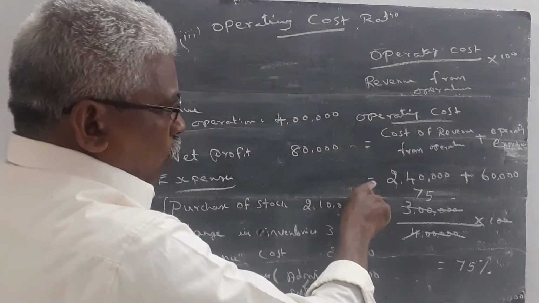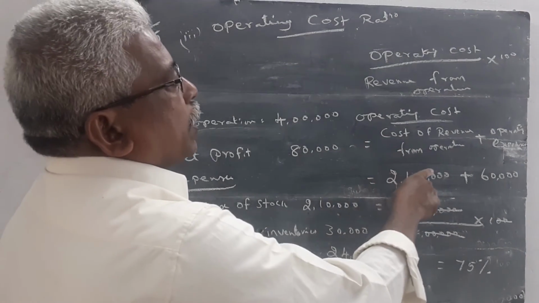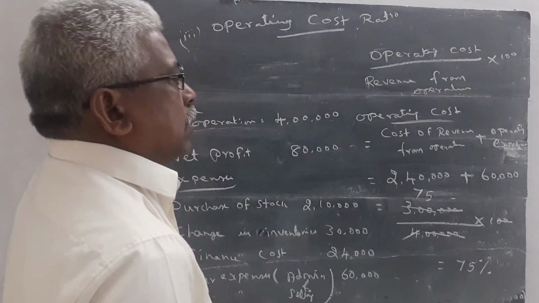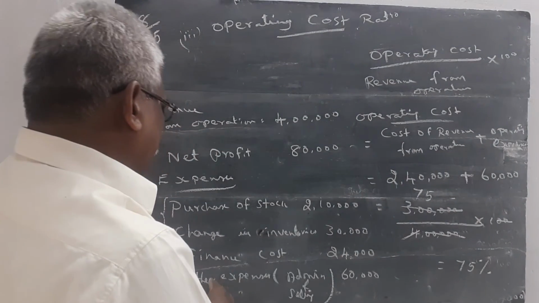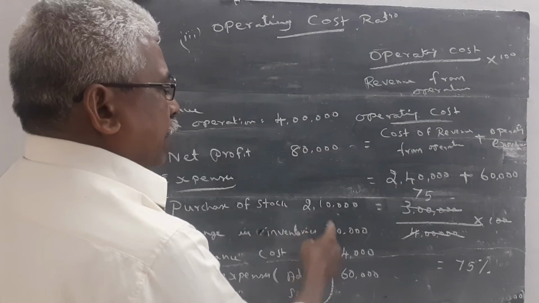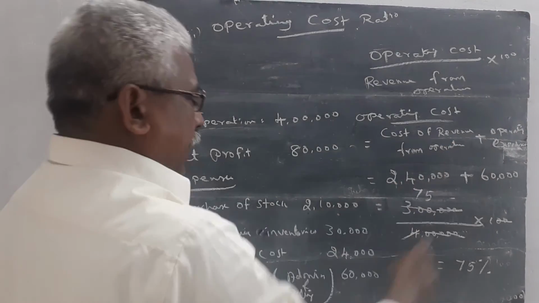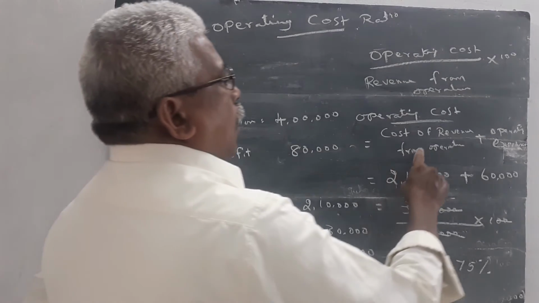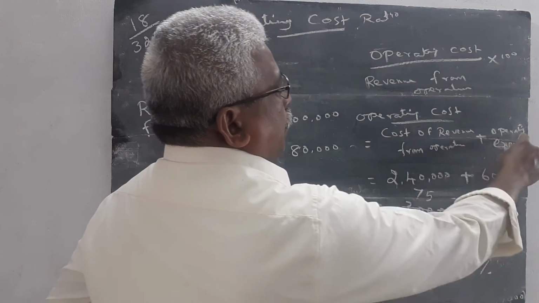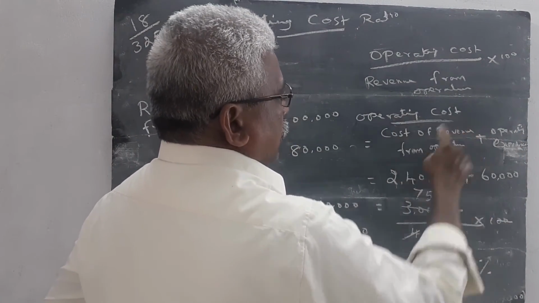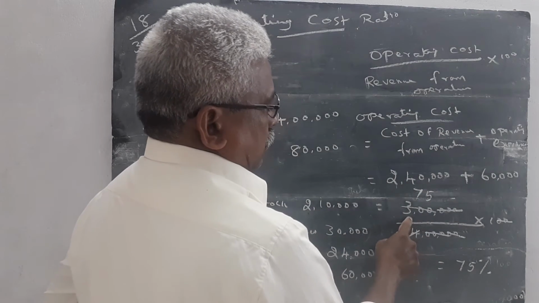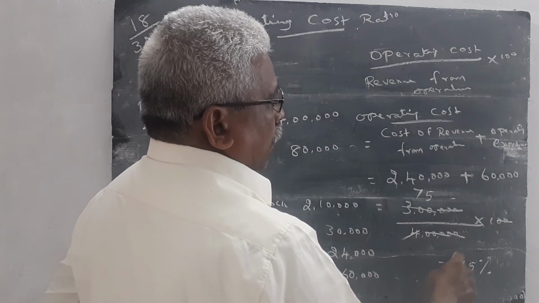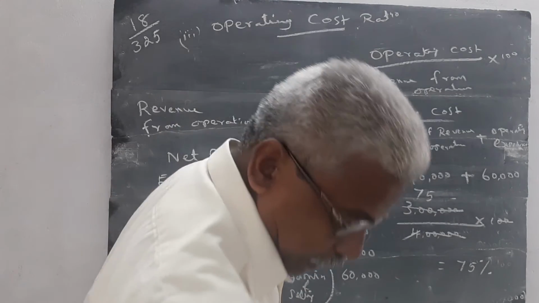Operating cost includes cost of revenue from operation, 2,40,000, plus operating expenses, 60,000, which is 3 lakhs. 3 lakhs divided by 4 lakh into 100 is equal to 75%.